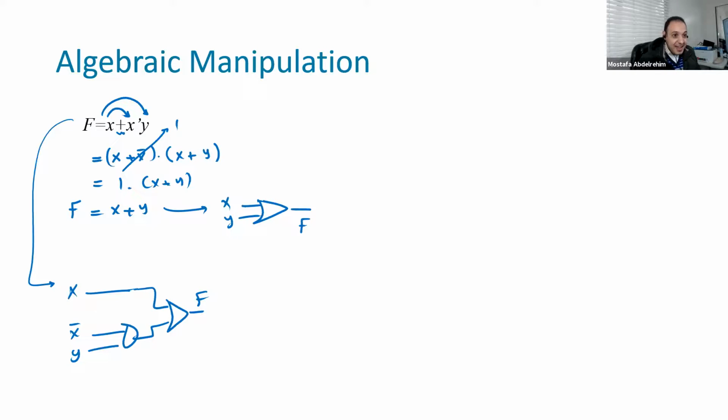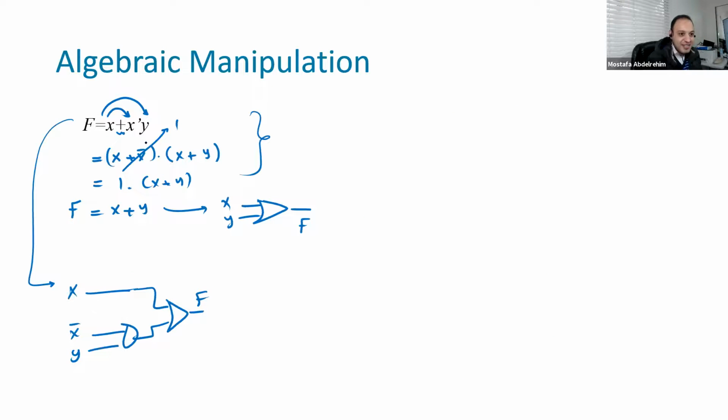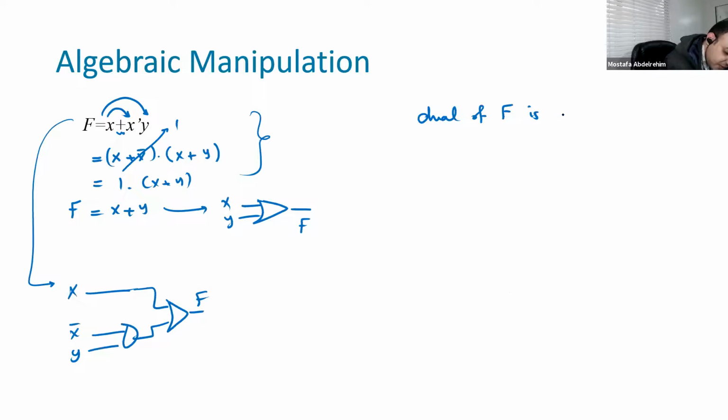We don't need to do all of that, because if we look here, this is the dual form of that function. The dual of f is what we see here, which is x and x prime or y.